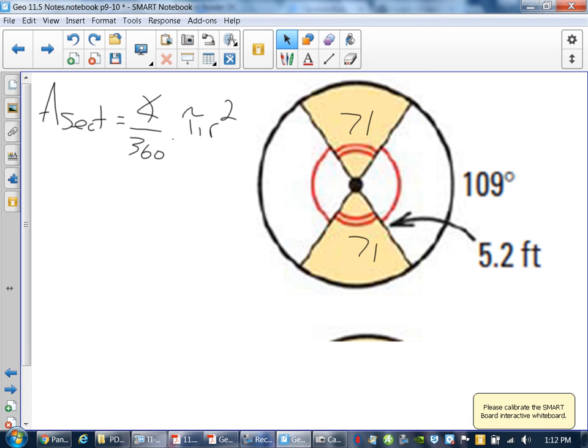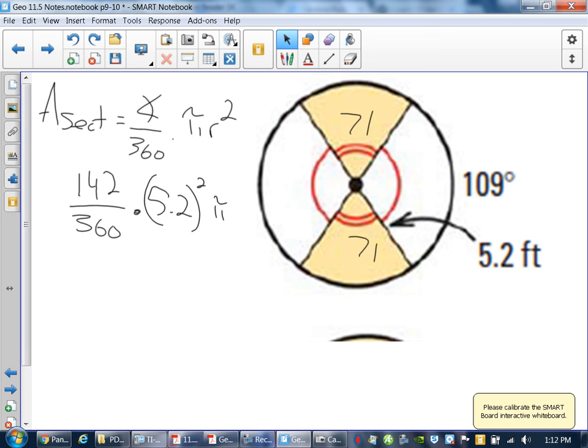Yes. So I just put in 142 over 360 times 5.2 squared and slap a pi next to it. Okay? And you just put that all together in the calculator, and then it'll give you some decimal equivalent.